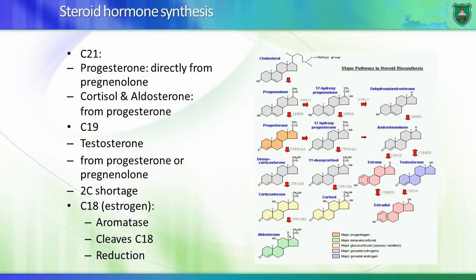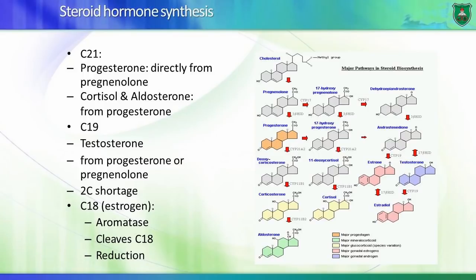So again, progesterone is formed directly from pregnenolone, and then you have the formation of cortisol and aldosterone. This is cortisol. Here we have aldosterone. Progesterone can be converted into testosterone, and the formation of testosterone can also be mediated independently of progesterone as well.